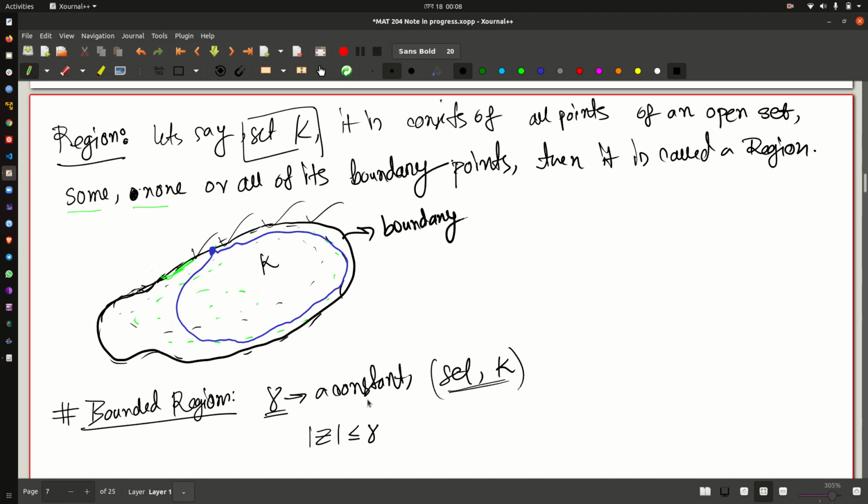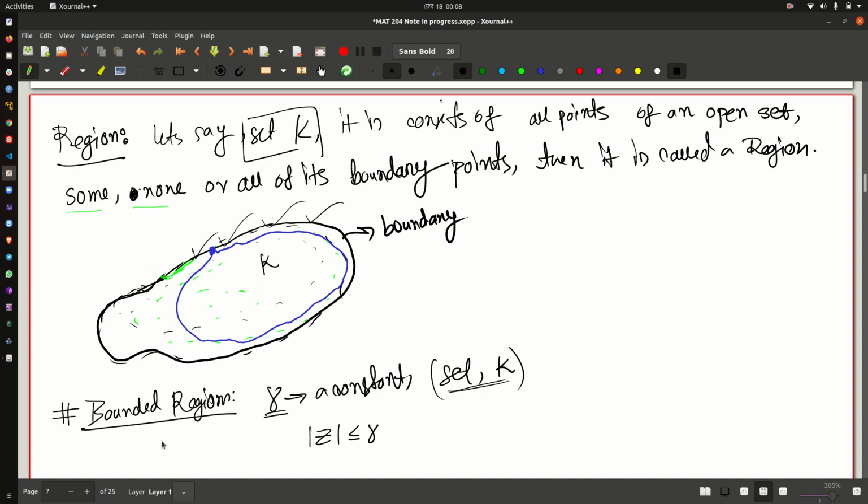But we also have to consider another thing: what type of region that would be. We are calling it a bounded region, but is this region open, closed, or what? That's the thing we have to specify.